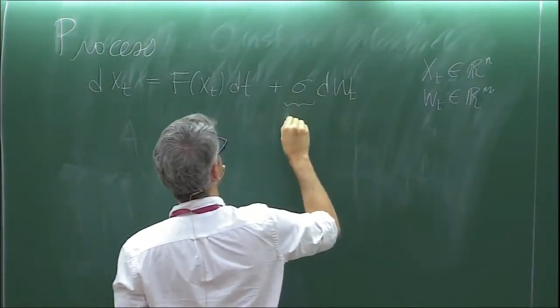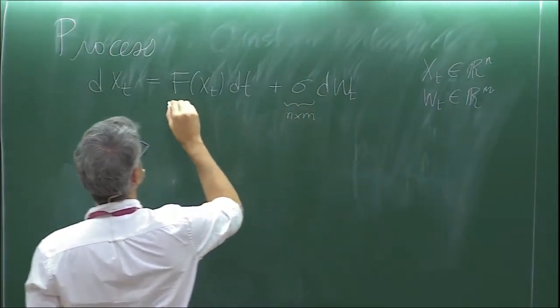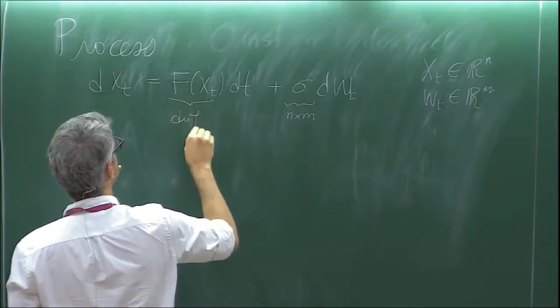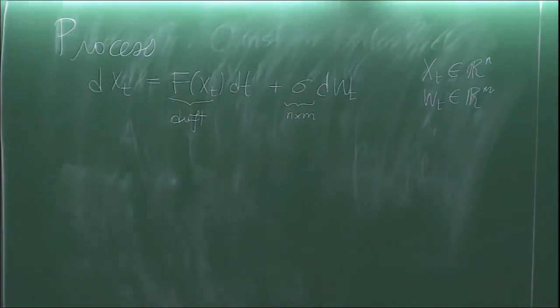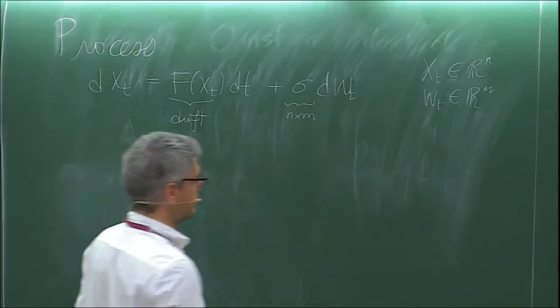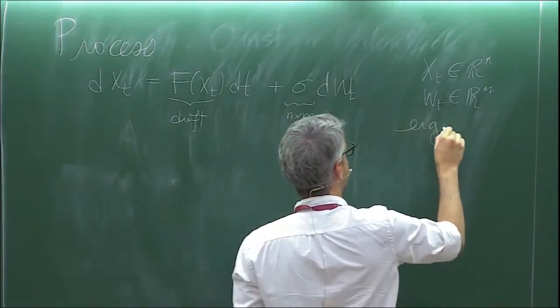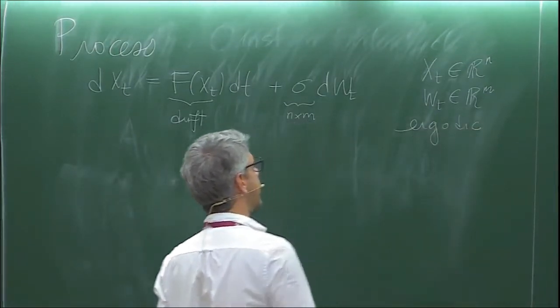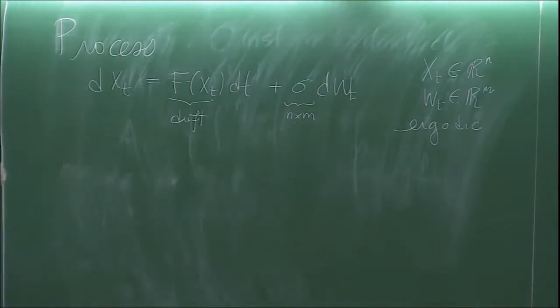This is a matrix n by m, and this f is a vector field that is called a drift. And again, you would have to put some conditions on the f and the sigma to make sure that you have a well-defined process. But what I want is an ergodic process. So I assume that the process is ergodic, so the choice of f and sigma is such that this makes the process ergodic.